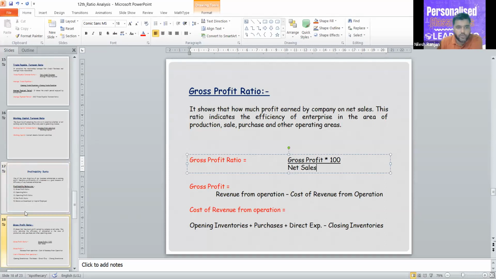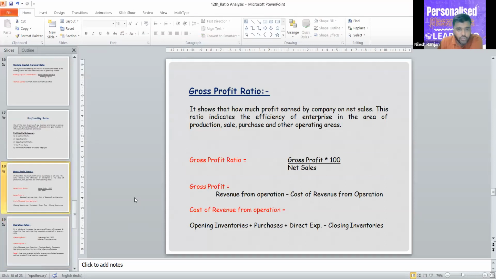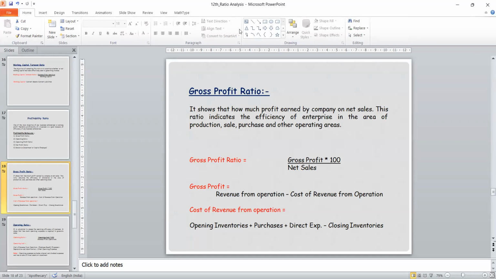So this is our formula of gross profit ratio. I think we have studied this before, so there should not be any doubt, but if you have, you can ask questions. I will solve a question on this gross profit ratio. Do you have any doubt? No, sir.